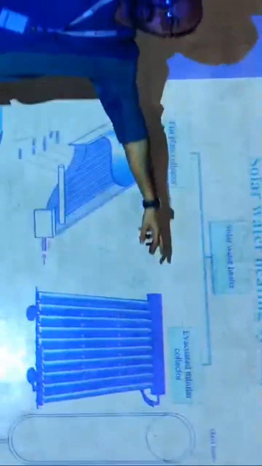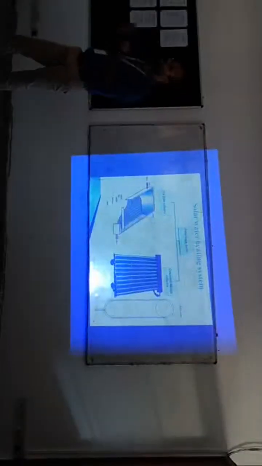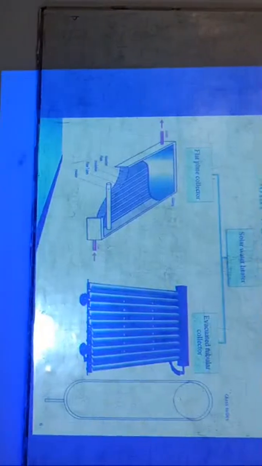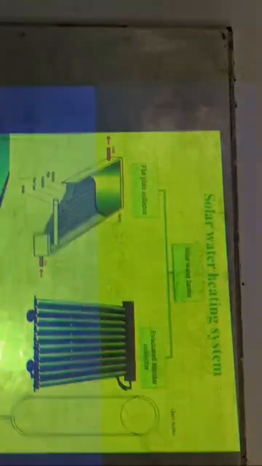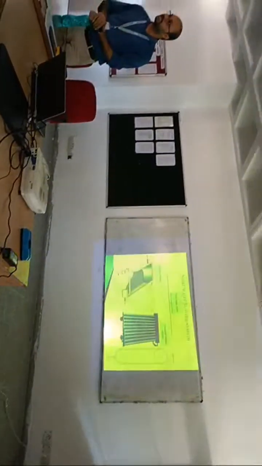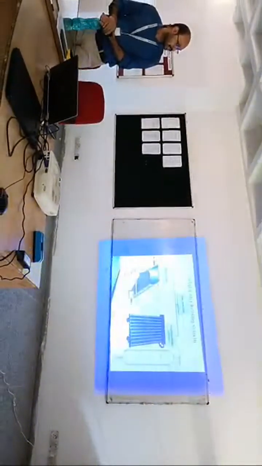And the second one is the evacuated tubular collector. In this, the overhead tank is first filled with water during the night, and these are hollow tubes. A vacuum is created between the two layers of glass to make it insulated, because if no air is there, no medium conducts the heat, so it works as an insulator.